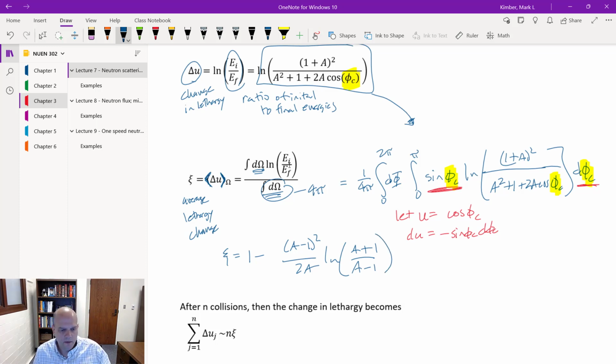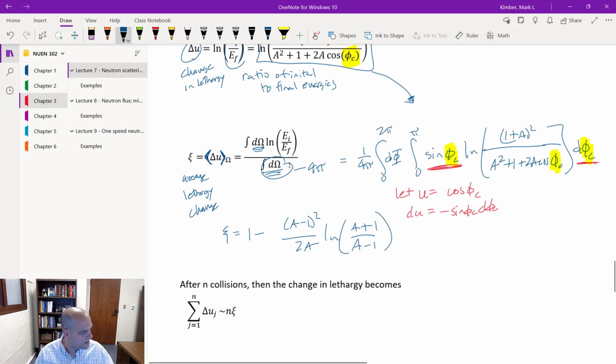So now, again, this is for one event, and this just says on average, this is what I expect to see in terms of that lethargy. If I do it 100 times and I find the average lethargy change, then this is what I expect to see. And so now we ask ourselves, well, what happens when we have multiple collisions?